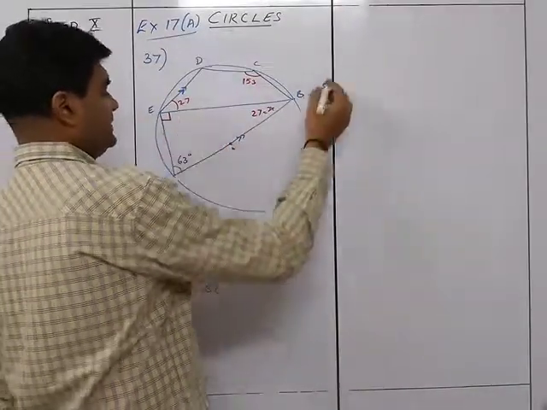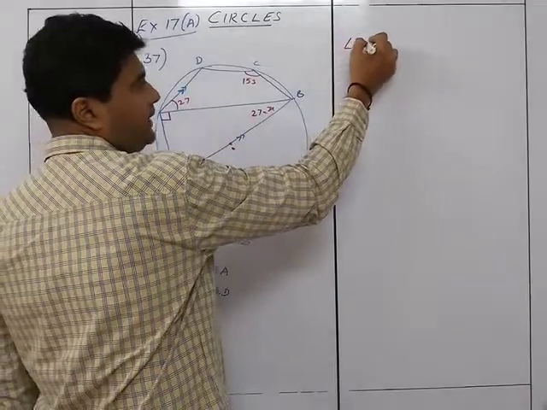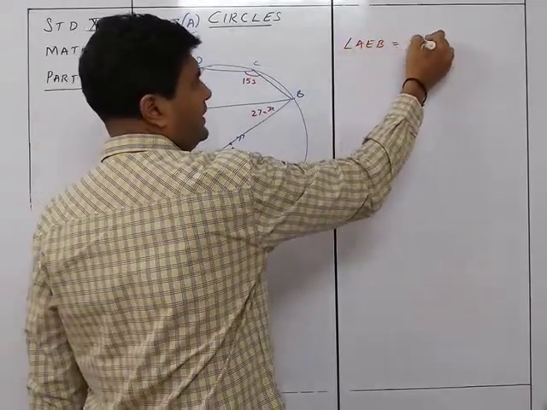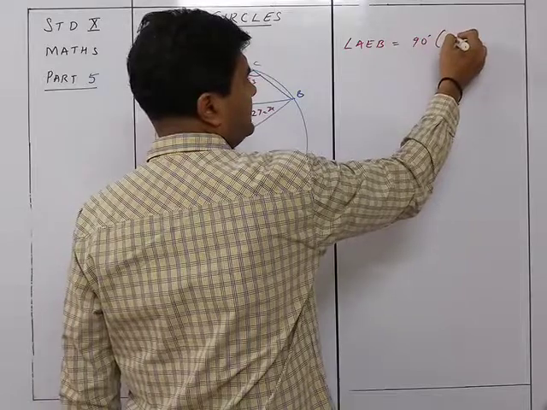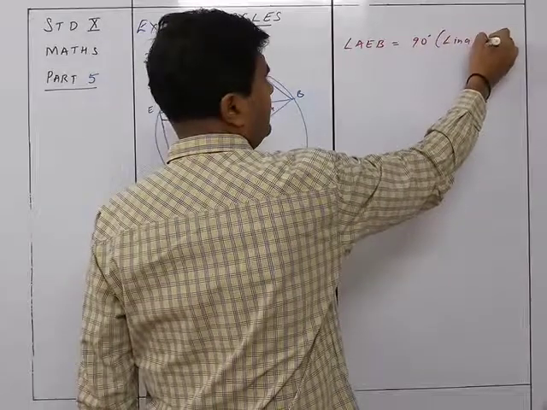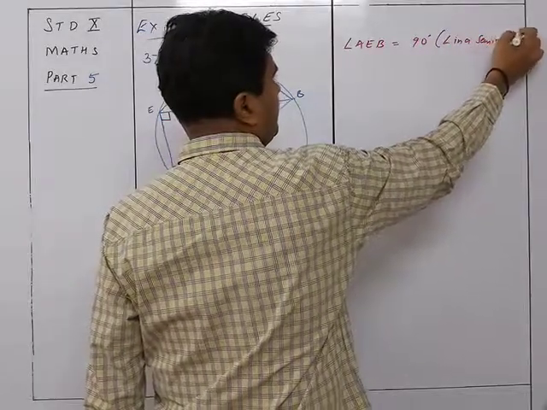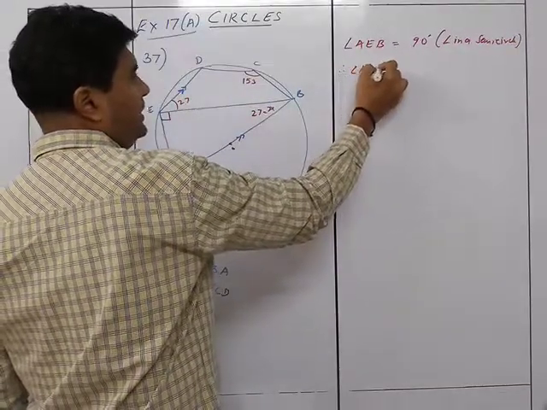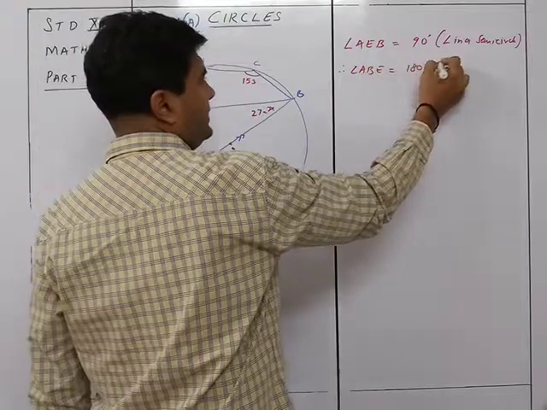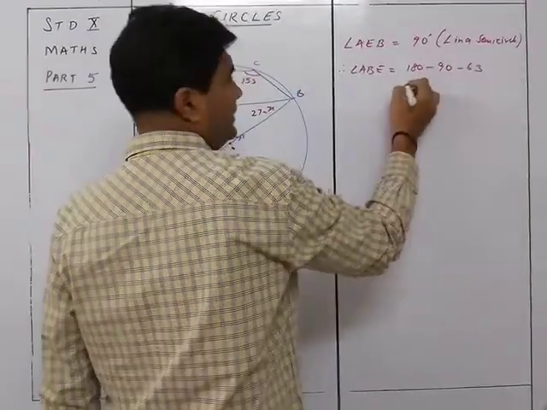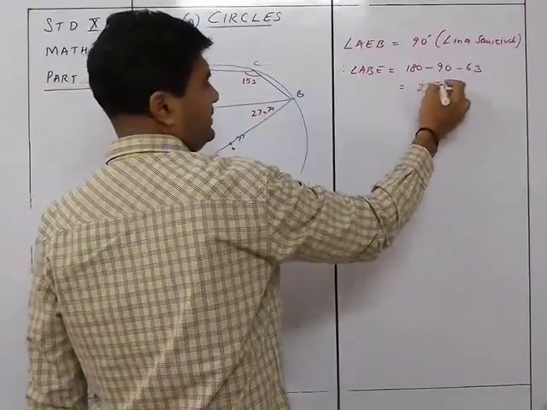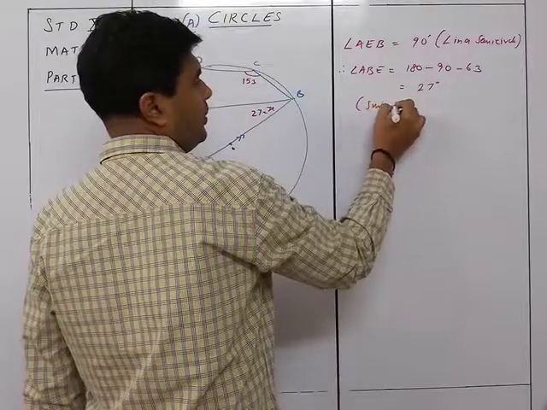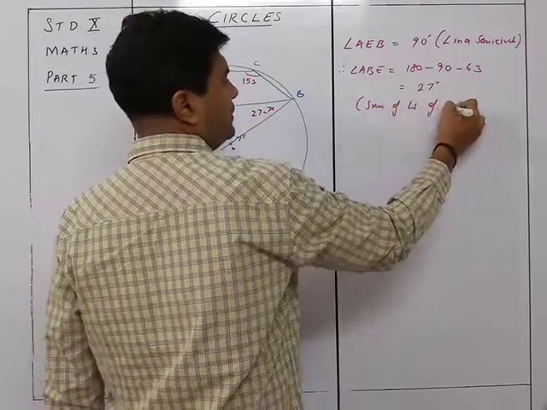First one is angle AEB is equal to 90 degrees, angle in a semicircle. Therefore, angle ABE is equal to 180 minus 90 minus 63 is equal to 27 degrees, sum of angles of a triangle.